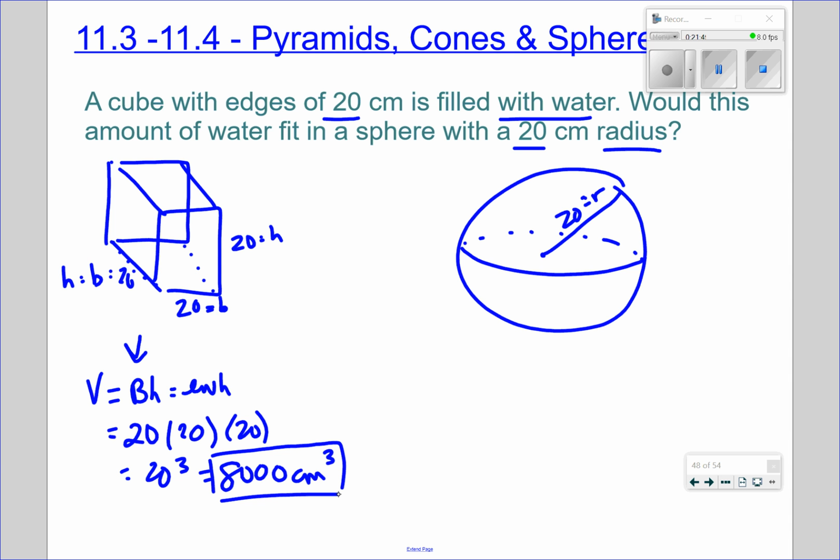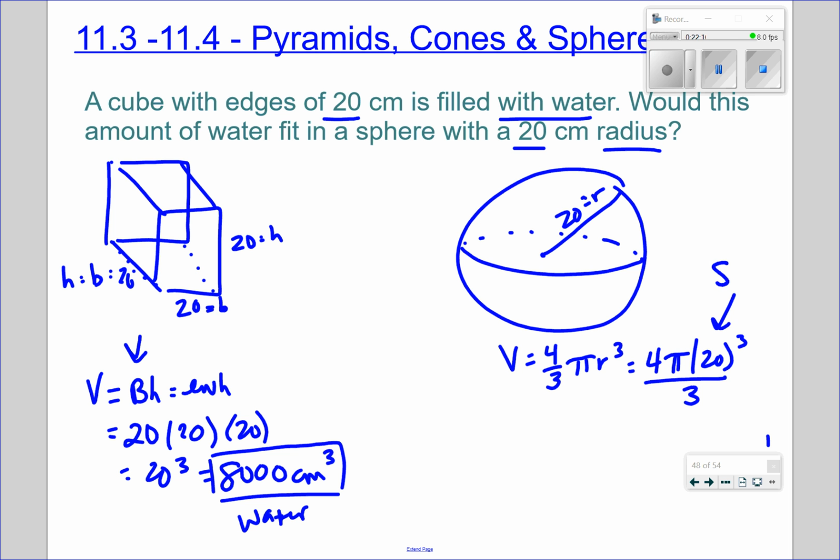So the question is, will this water fit into the sphere? Well, our sphere is 4/3 pi r cubed, or in this case, 4 times pi times 20 cubed all over 3. Now some of you are thinking, well, I know that this 20 cubed is 8,000.